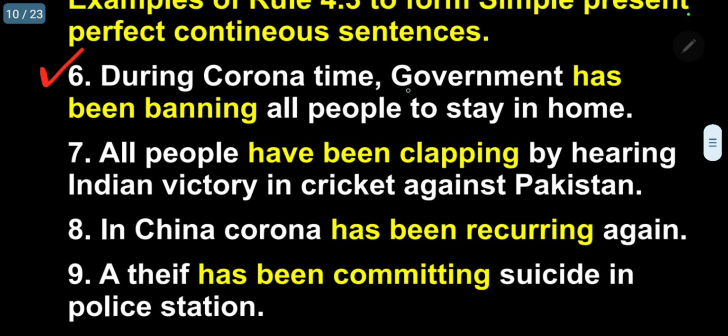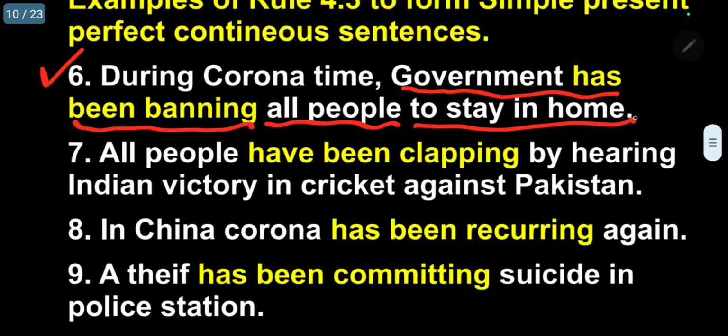During corona time, the government has been banning all people to stay in home. Kindly follow. So during corona time, the government has been banning all people to stay at home.